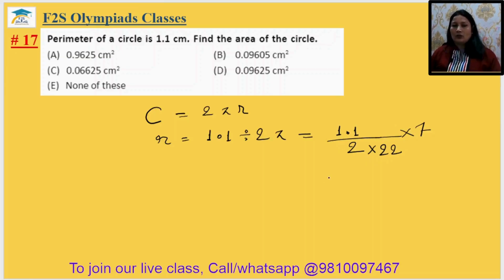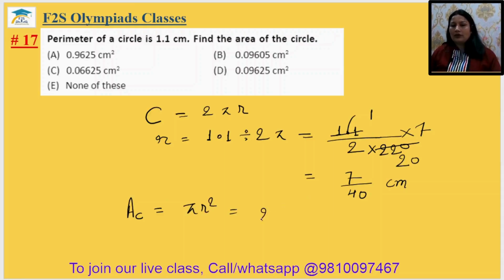So after simplification, if you just remove 0 from here, 11 ones are 11, 11 twos are 22. Now it will be 7 upon 40 centimeter. R is 7 upon 40 centimeter. Now area of the circle, we know that pi r square.